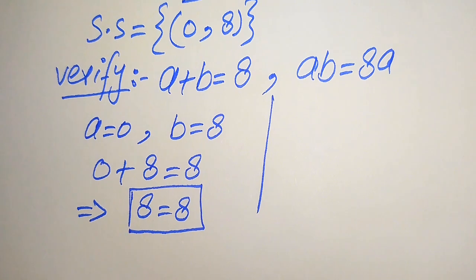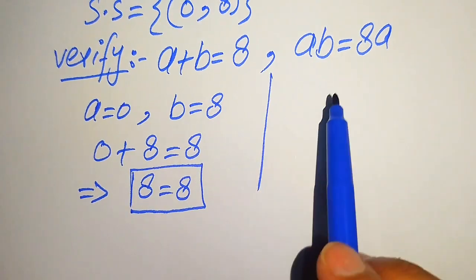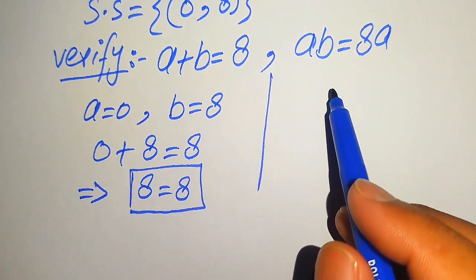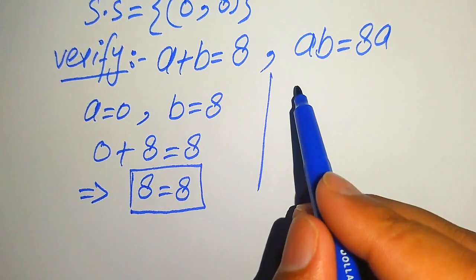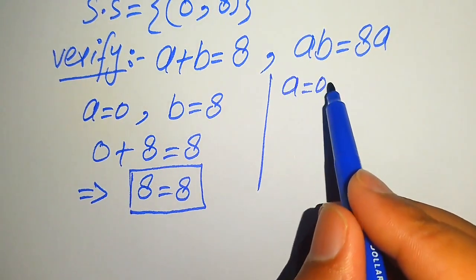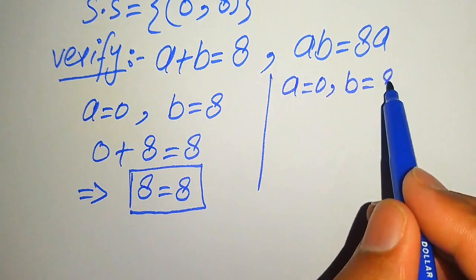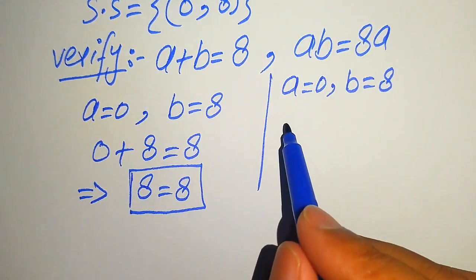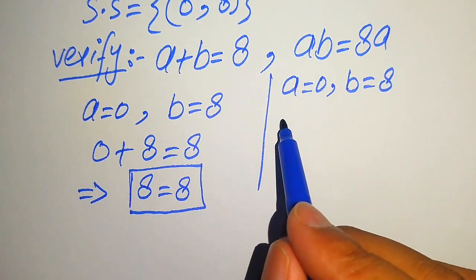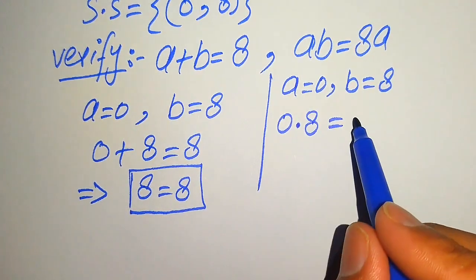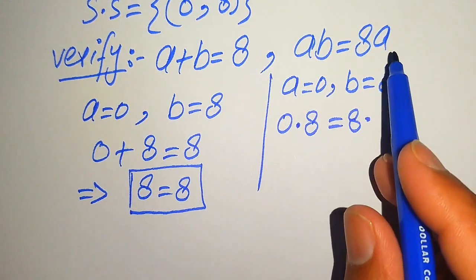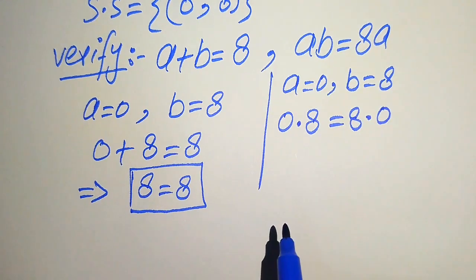And now in a parallel way we can verify these values in the second equation. So we put the values of a and b on both sides. We have a is 0 and b is 8. When we put these two values here, it will be written as the value of a, 0, multiplied by the value of b, 8. On the right hand side we have 8 multiplied by a, and the value of a is 0.